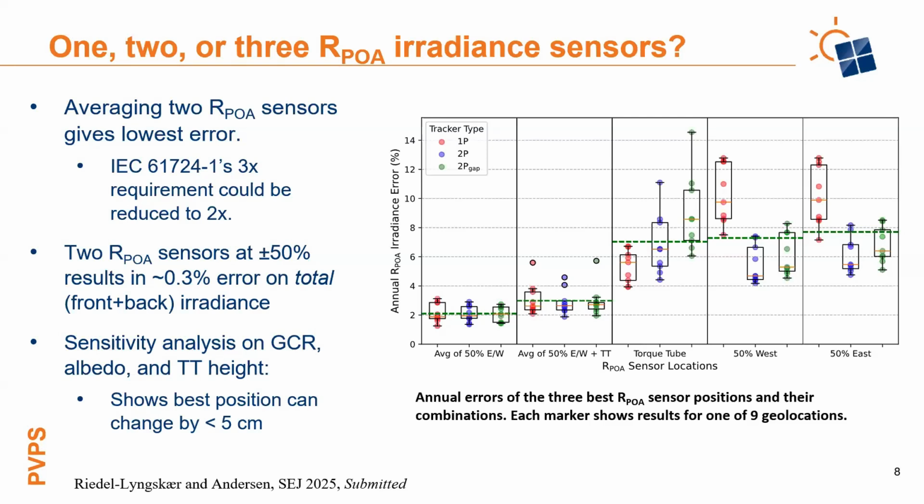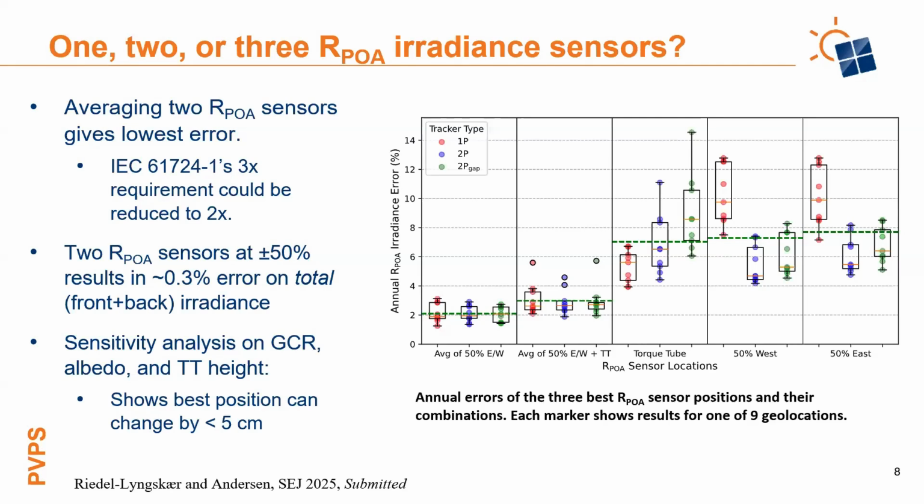But if you simply average 2 of them, one on the east, one on the west, your error, again, defined as a deviation from the spatial average, is about 2%. And if you keep this in perspective with the fact that the front side plane of array irradiance is about an order of magnitude higher, this really has a minimal effect.